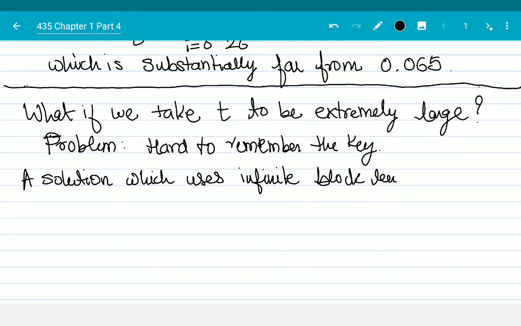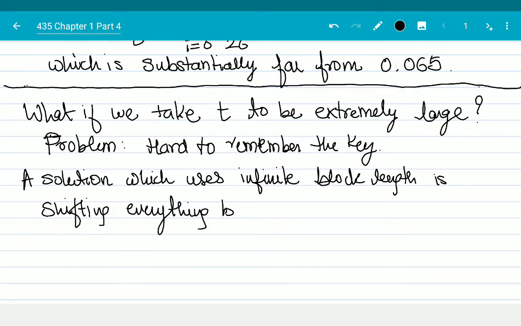It is shifting everything by a number related to the position.